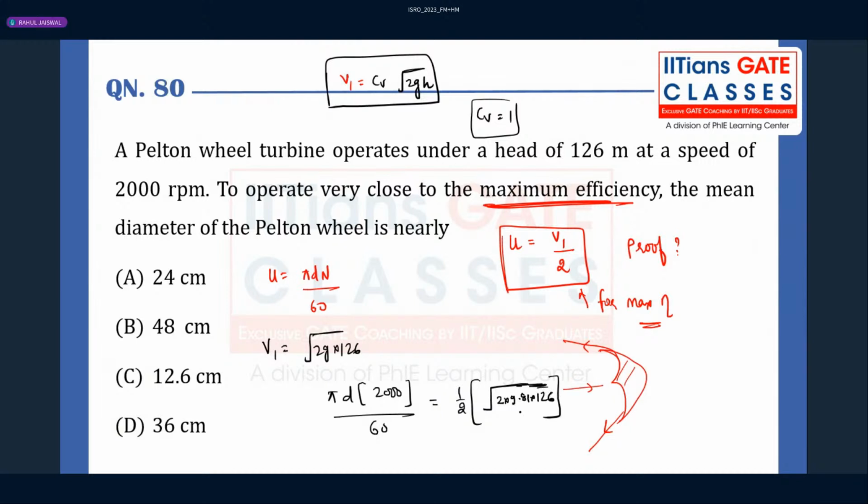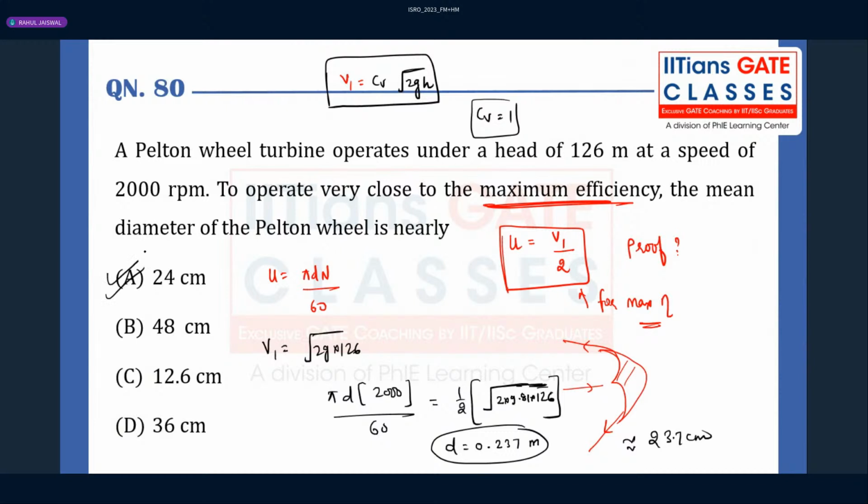So when you calculate, you will be getting the diameter as 0.237 meter. When you approximate, you will be getting 23.7 centimeter. That means 24 centimeter. Please make a note of it.